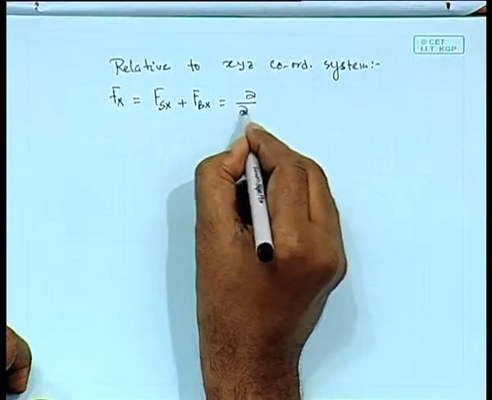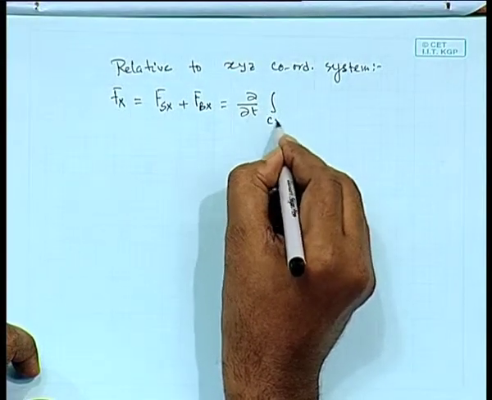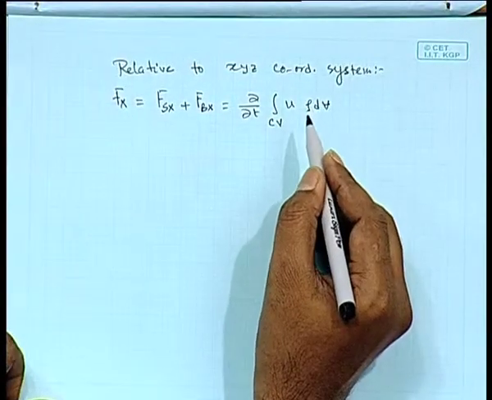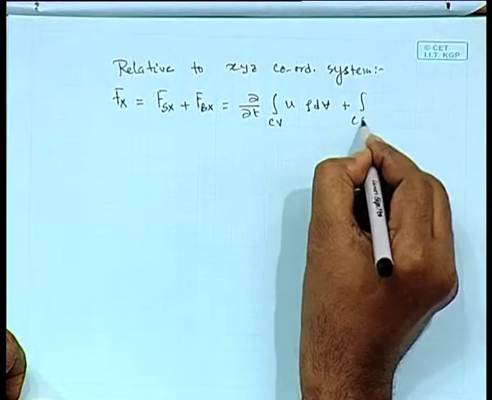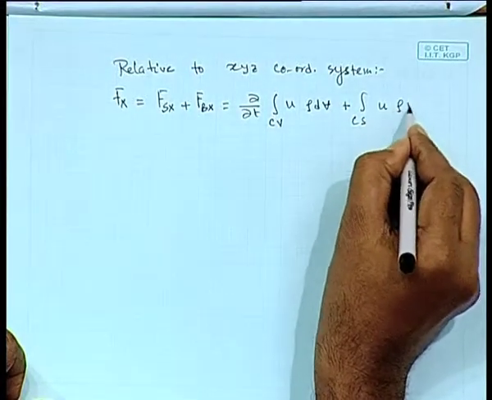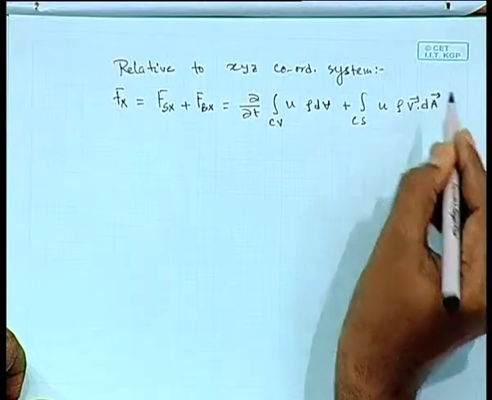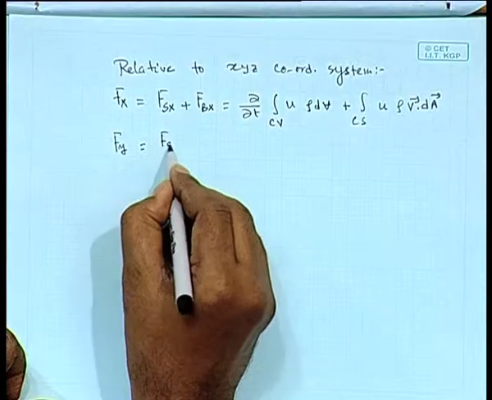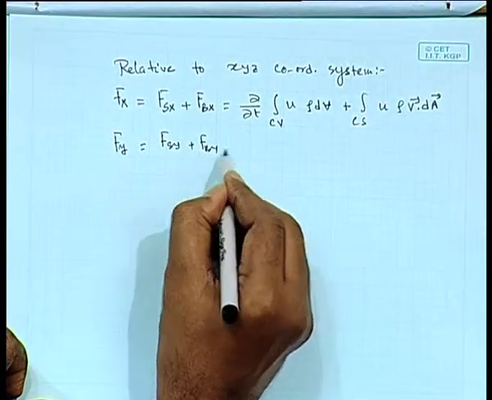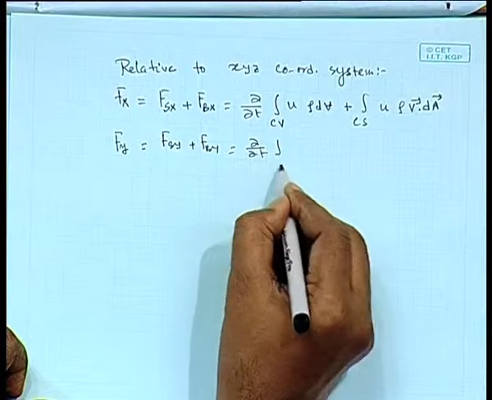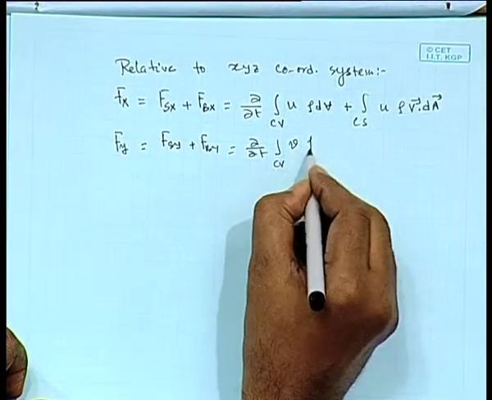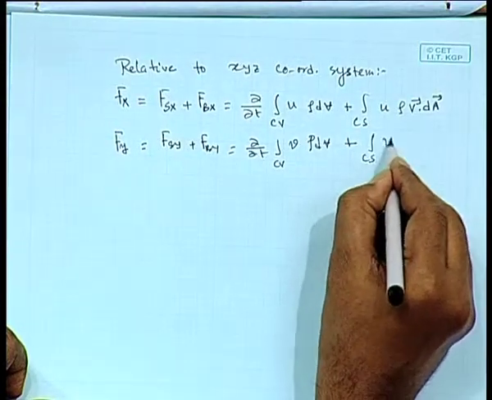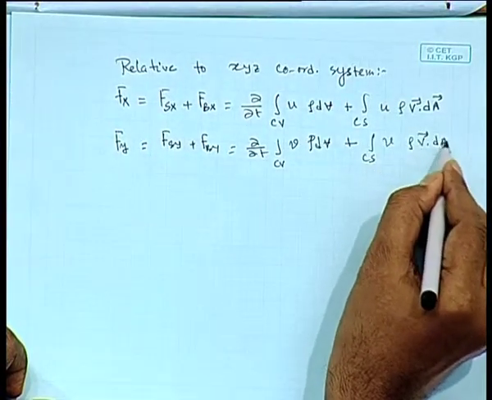In general, this will be del/del t of the control volume integral of u rho dV, where u is the velocity component in the x direction. Similarly for y: F_sy plus F_by equals del/del t of the integral of v rho dV, plus the control surface integral of v rho V dot dA.